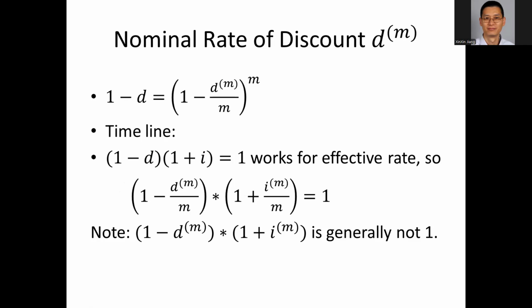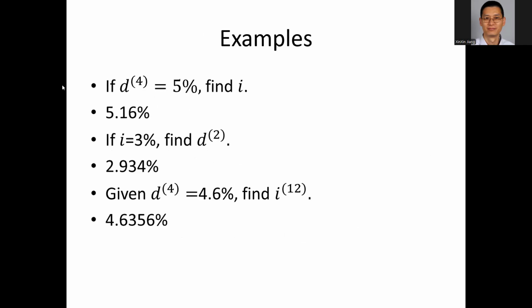Okay. Let's practice this relation as well. These things are very confusing if you don't understand the basic concept, because there are four things. You have a nominal discount rate, an effective discount rate, a nominal interest rate and an effective interest rate.